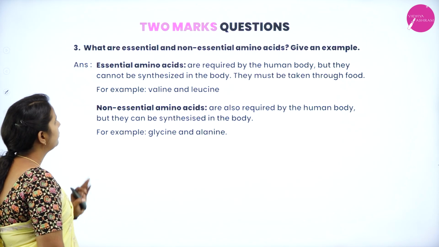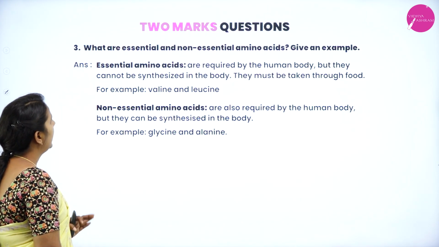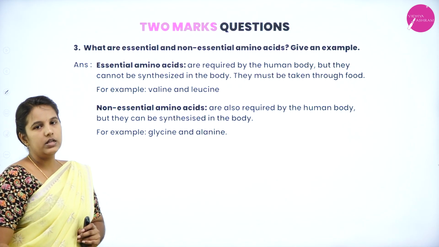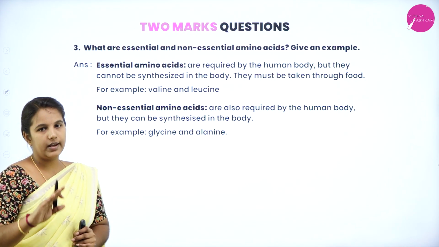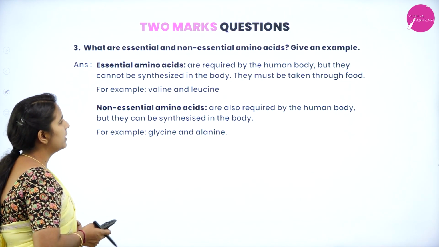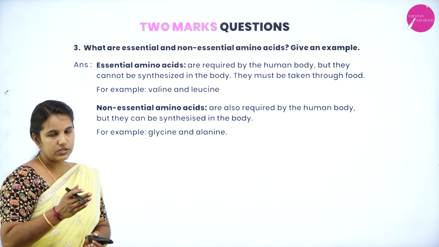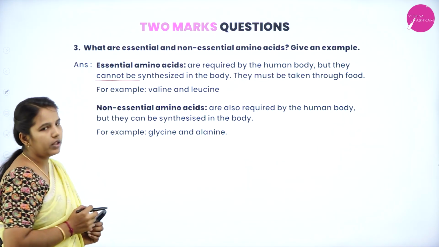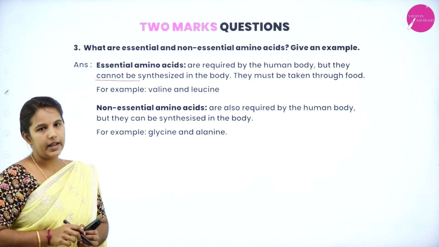Next, we have: what are essential and non-essential amino acids? Give an example. You need to write the definition of essential and non-essential amino acids. We all know that essential amino acids are the amino acids which are required for the body, but they cannot be synthesized within our body, and they should be taken through the diet.